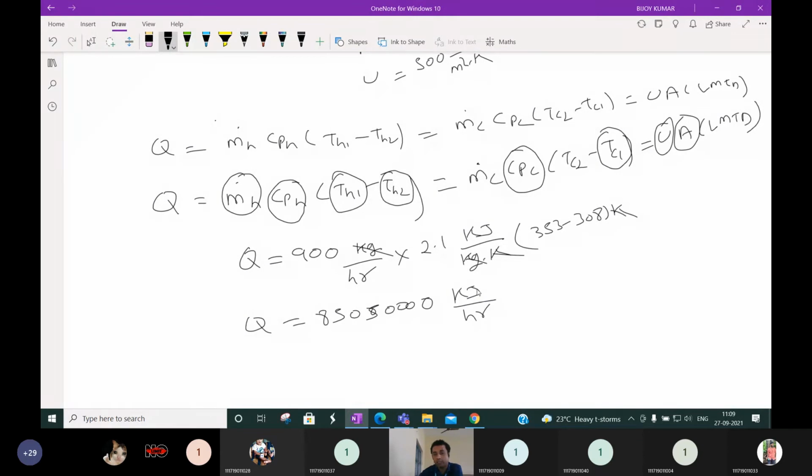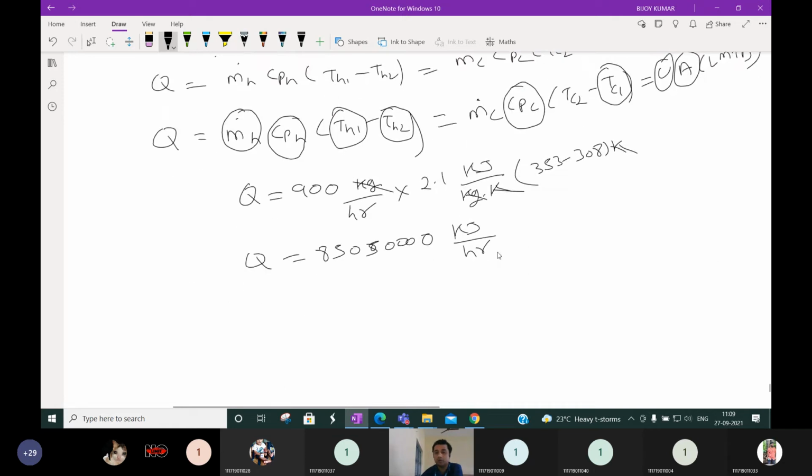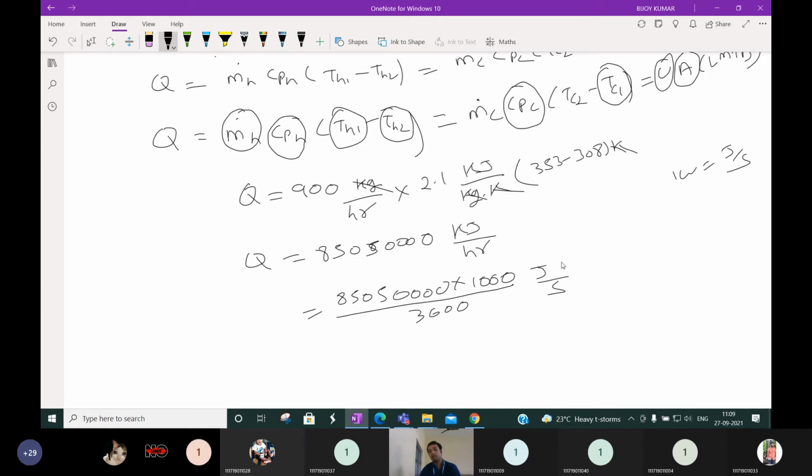So how to convert this kilojoule? Here you see the unit of U is given in watt. So we have to convert this kilojoule per hour to watt. 1 watt is nothing but joule per second. So it will be 8505 kilojoule, which into 1000 will be joule. 1 hour is how many seconds? 3600 seconds.